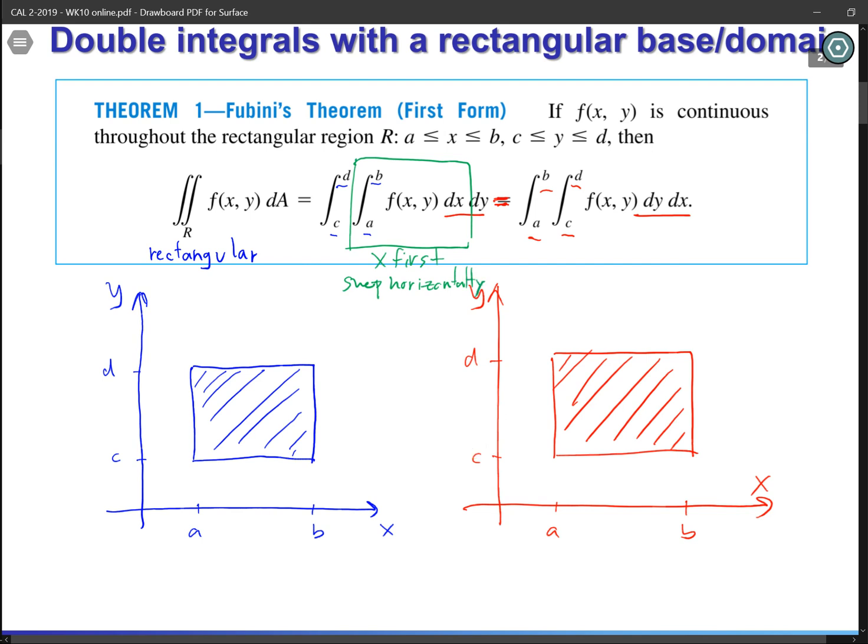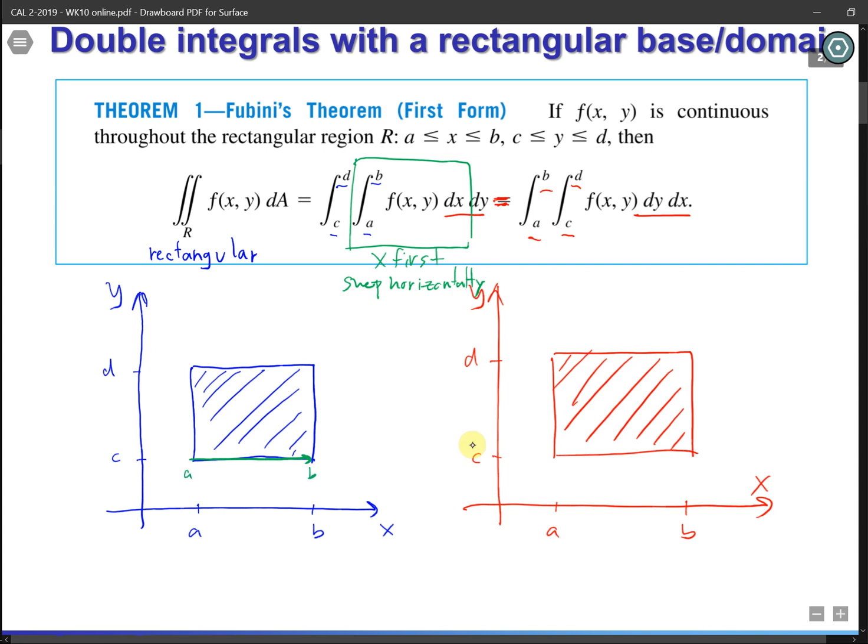It's horizontal, right? So we are going to work on this region horizontally. Starting at y equal to C, we are going to sweep the x value, starting from A until x equal to B.